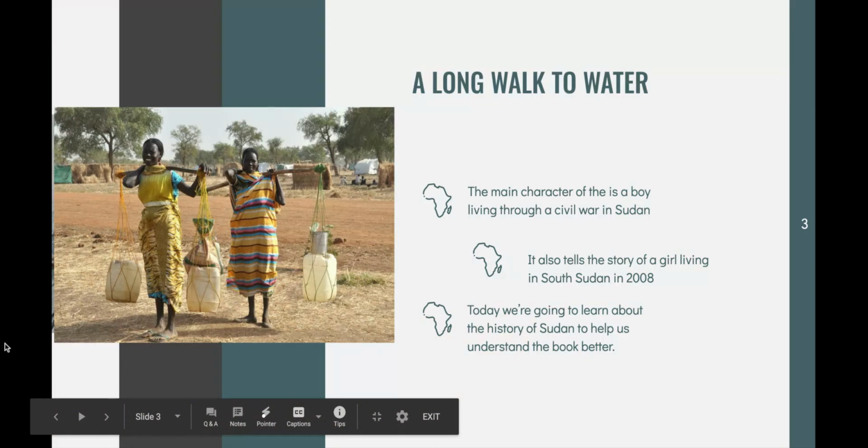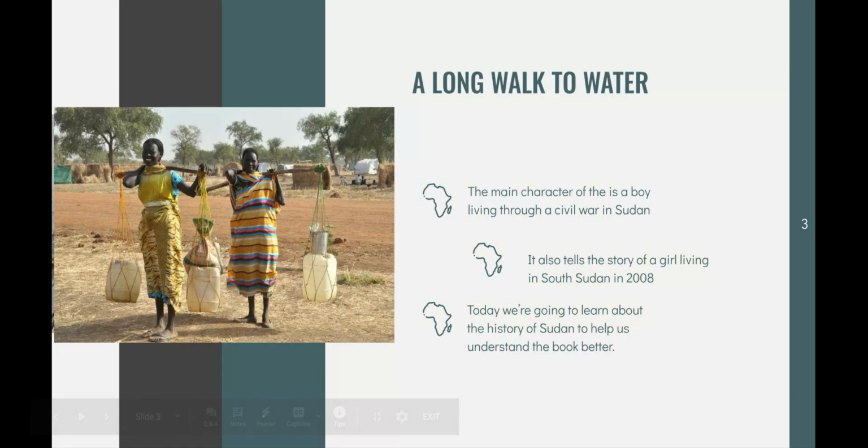So, A Long Walk to Water follows a boy who's living through one of the civil wars. So, there's the first Civil War and then the second Civil War in the 1980s, which is when the main character of this book is living. It also tells the story of a girl living in South Sudan in 2008.